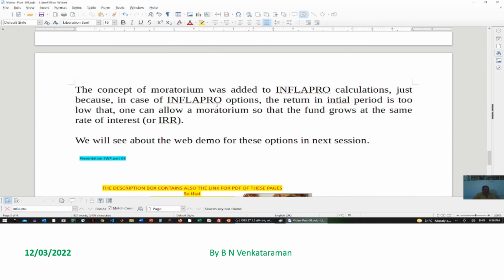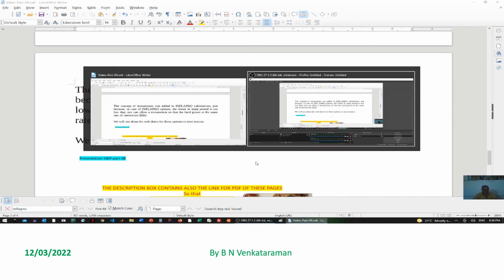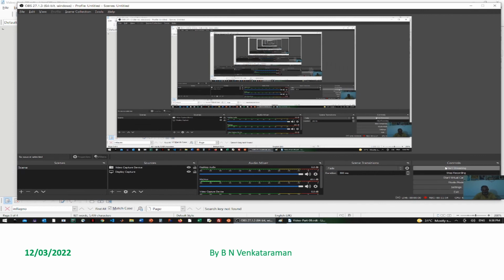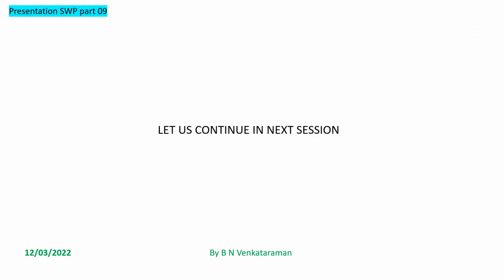The concept of moratorium was added to INFLAPRO calculations just because in the case of INFLAPRO options, the return in the initial period is so low that one can allow a moratorium so that the fund grows at the same rate of interest or internal rate of return. Let us continue in the next session.